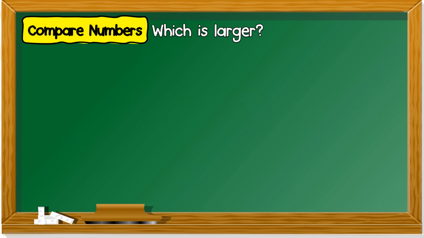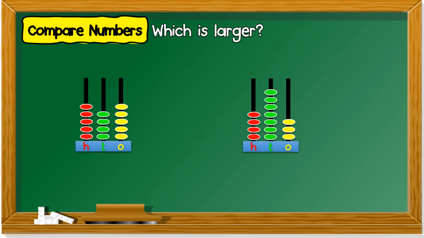Next, we look at example in another different form. Do you still remember what this is? It's abacus. Okay, so there are two abacus sets. The one on the left, let's count. How many beads of hundreds? There are 1, 2, 3, 4, 5.